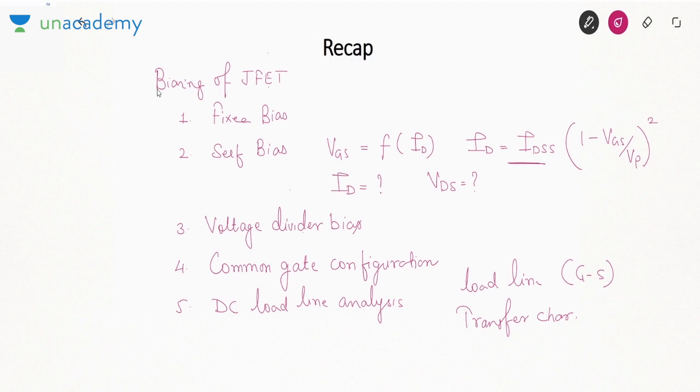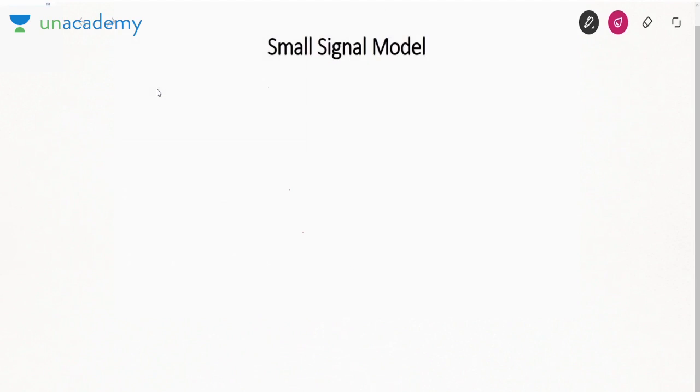In this video, we will be starting the AC analysis or the small signal analysis of JFET amplifier. So before studying amplifier, we need to design the small signal model of a JFET. When we talk about small signal model, the first parameter that I will be talking about is transconductance.